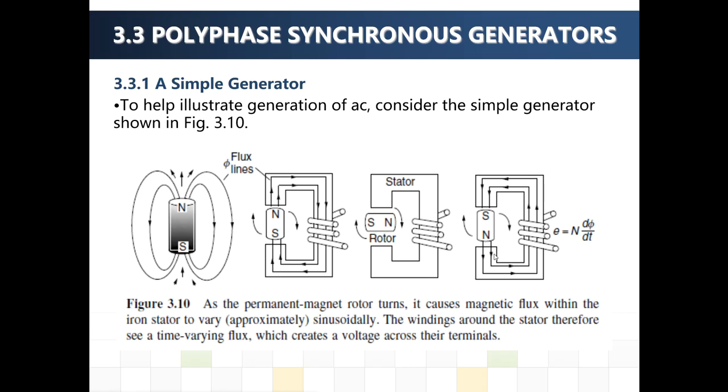Let's consider a simple generator shown in figure 3.10. There is a rotating magnet, and there is an iron core shaped like a backward C, and on this iron a winding is wound around the stator.